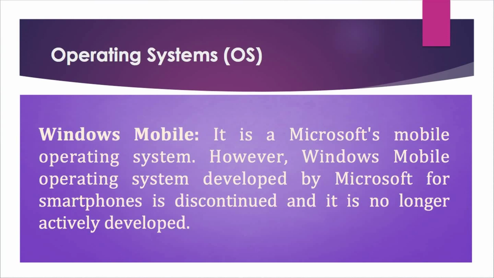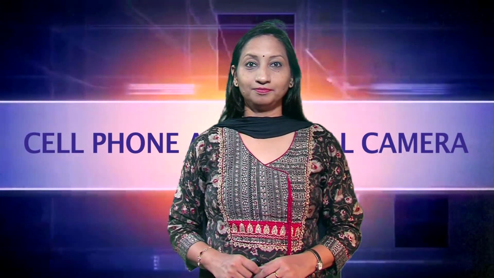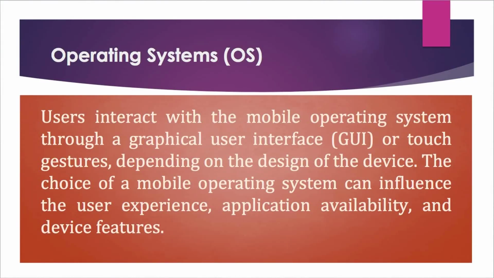However, the Windows Mobile operating system developed by Microsoft for some smartphones is discontinued and is no longer actively developed. Mobile operating systems manage tasks like application execution, memory management, power management, communication with external devices, etc. Users interact with the mobile operating system through a graphical user interface or touch gestures, depending on the design of the device.